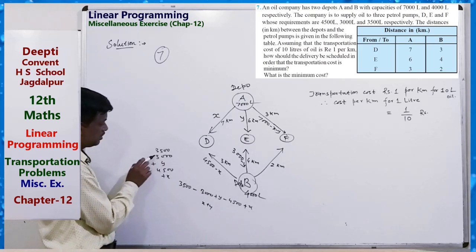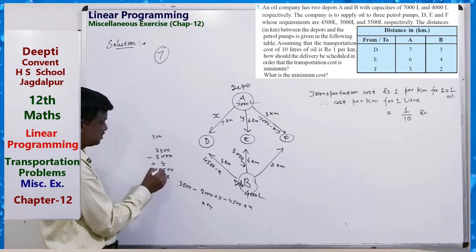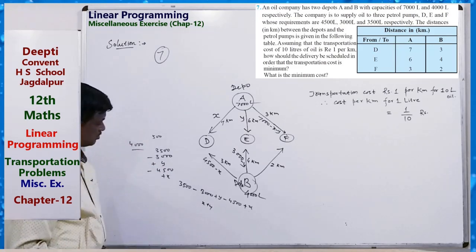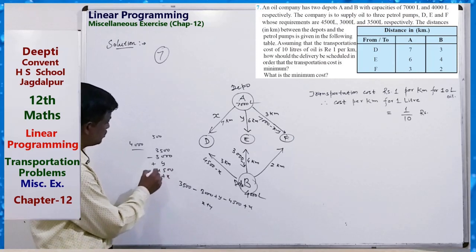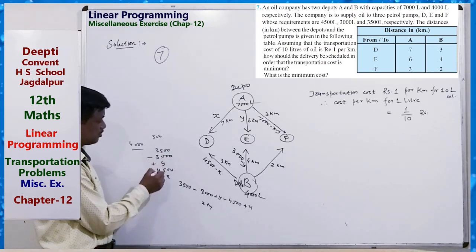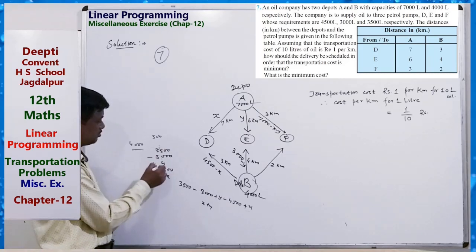Here 4500 plus 3000 minus 3500, so 4500 and 3000 are subtracted from here. So what will be the value?